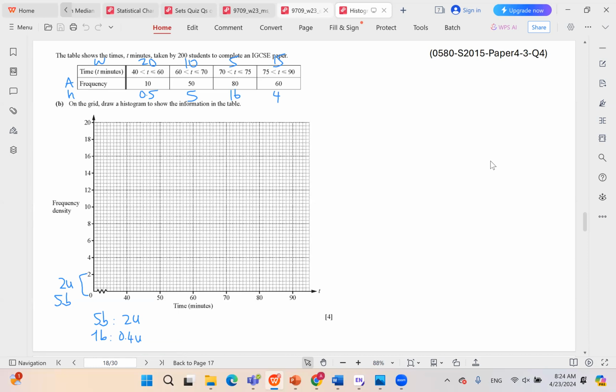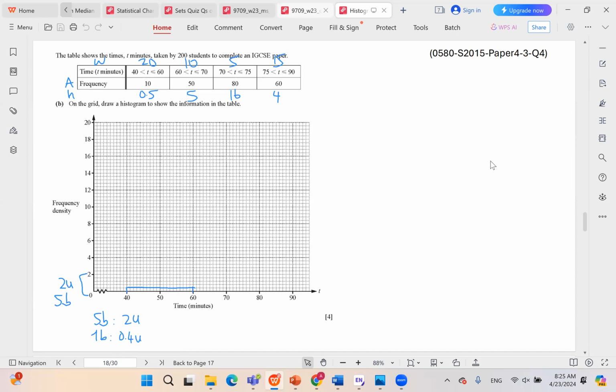So we want 0.5. So this is roughly one box or slightly greater than one box above. So we're going to draw the first histogram as such. Almost on the first box, because the first box is 0.4 and the second is 0.8, and we want 0.5. So it's much closer to the first box than the second box.